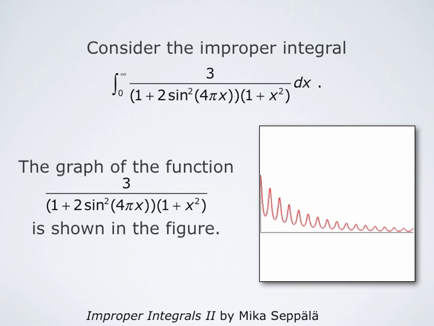Now, we observe that this red curve takes positive values. So the improper integral from 0 to infinity of this positive function, 3 divided by the product of 1 plus 2 times sine squared of 4 pi x and 1 plus x squared, if it is finite, if this improper integral converges, its value is the area of the domain under the red curve.